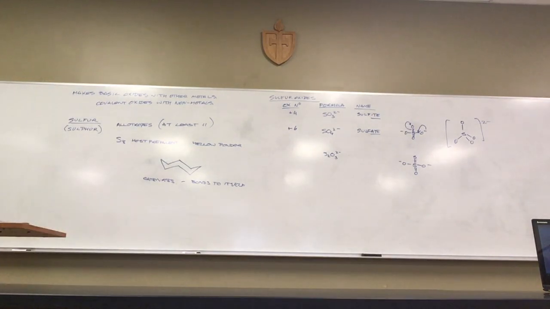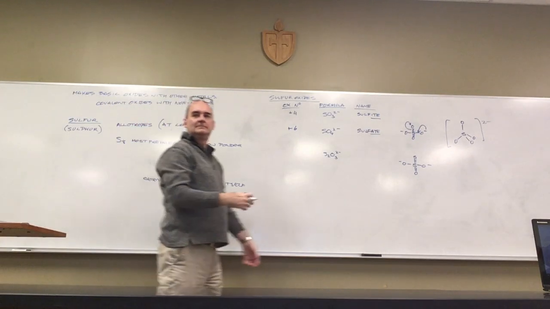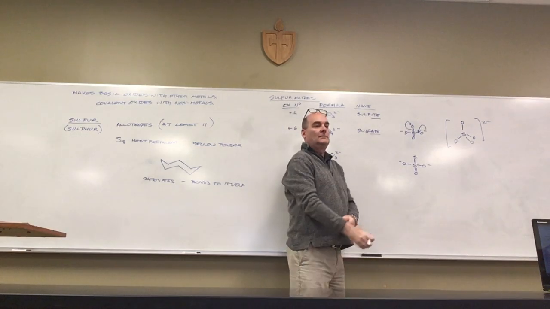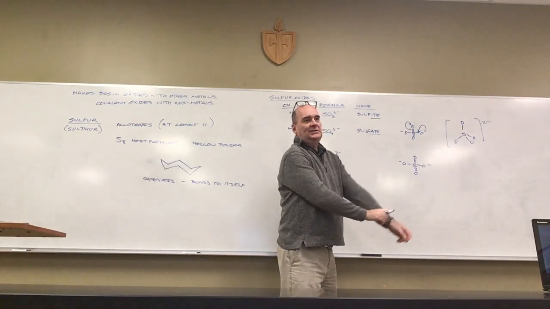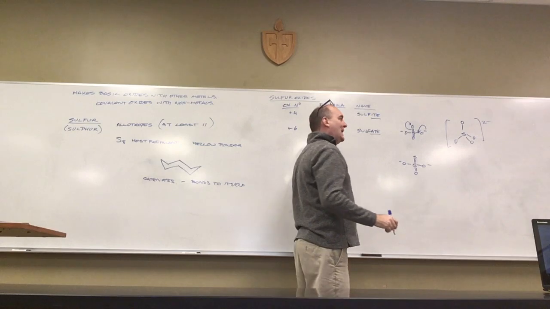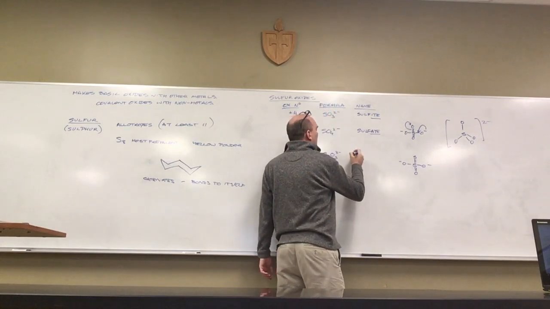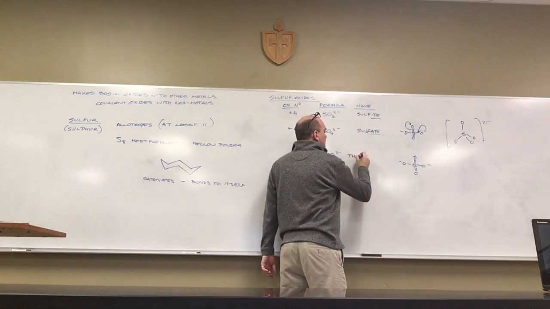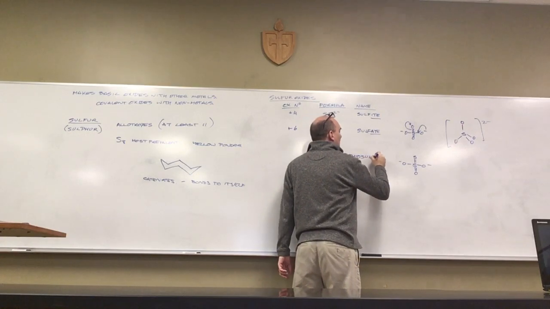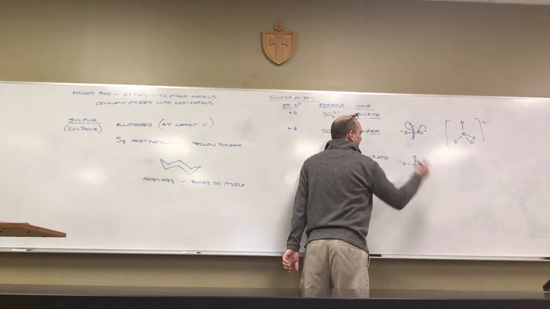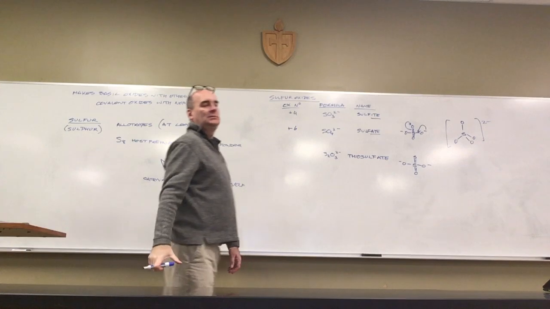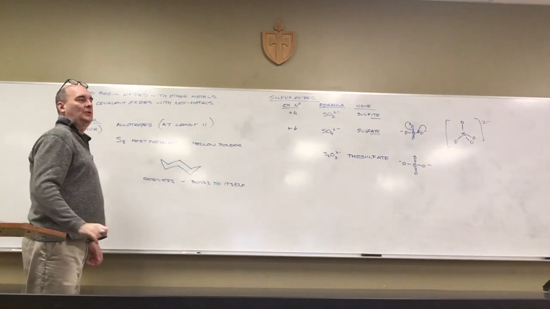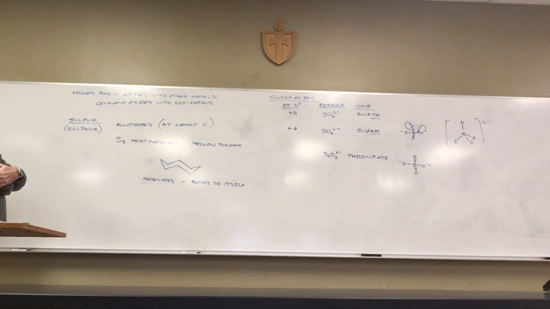And so I get S2O3 2 minus. What's the name of that? This is a solution that you always have on hand in the chemical lab, because it is the antidote to bromine burns. This is thiosulfate.